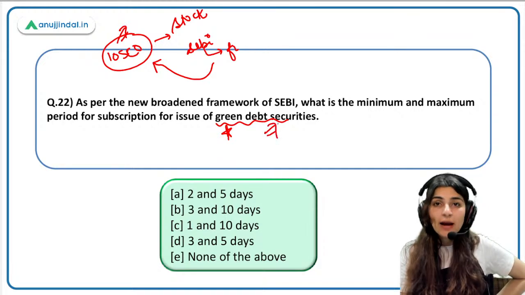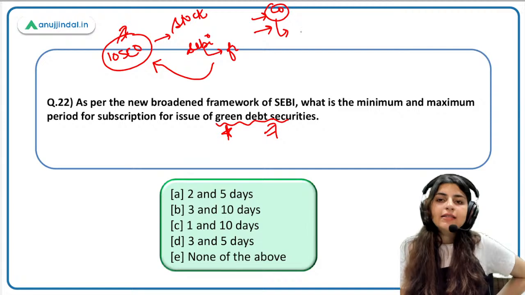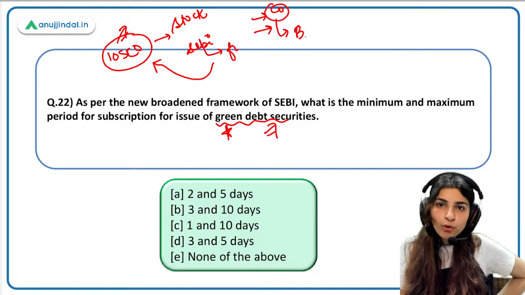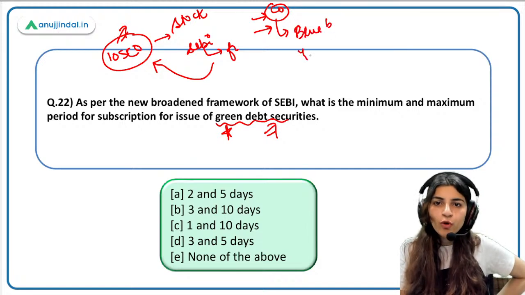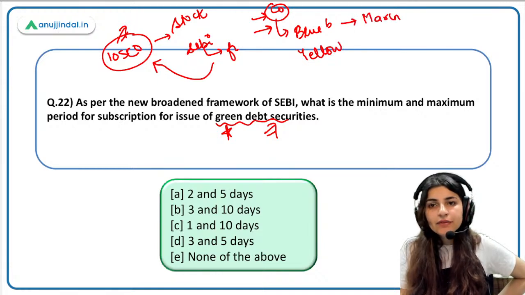So under this, there are many kinds of green debt securities, and a company can raise debt through these green debt securities. For example, blue bond, yellow bond. Blue bond will work in the marine sector. Yellow bond will work in the solar sector.